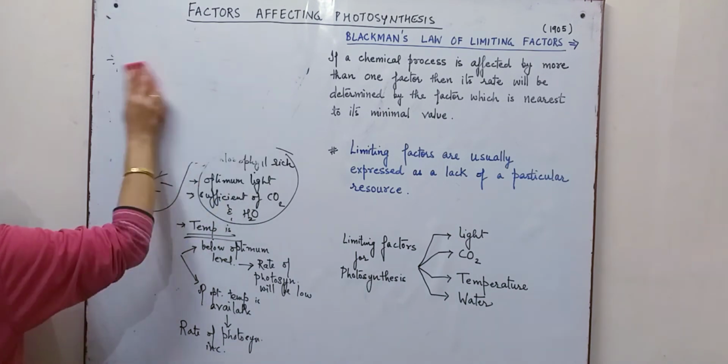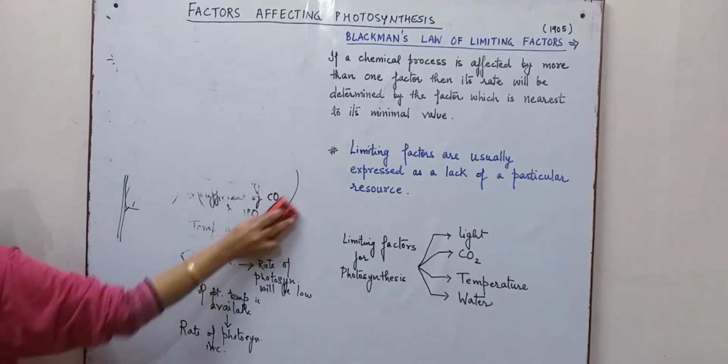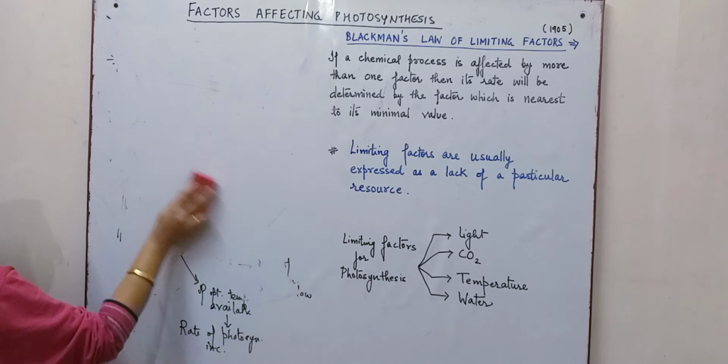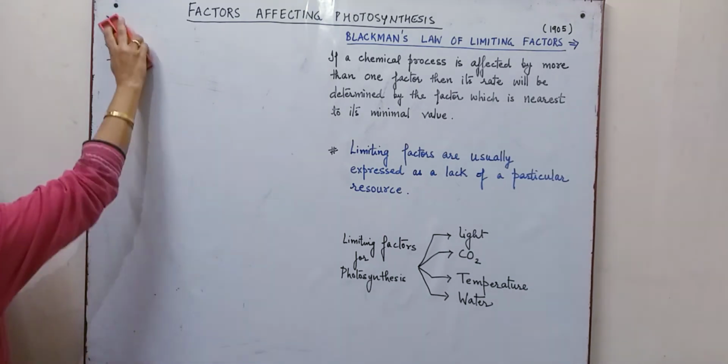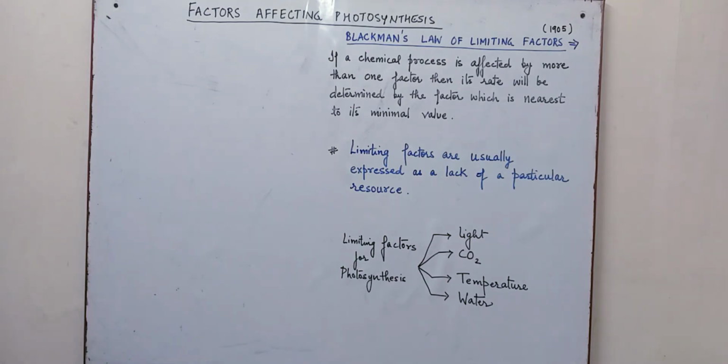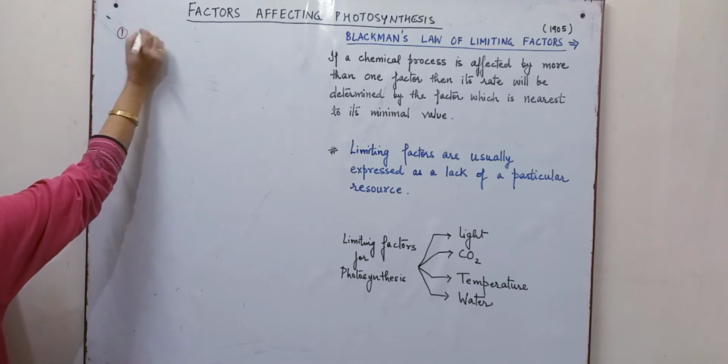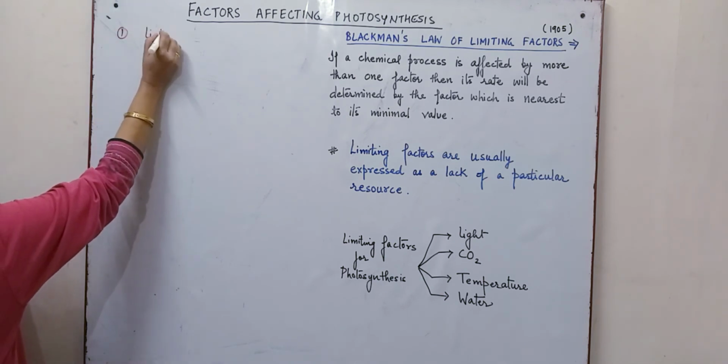Light is one of the important factors playing a role in photosynthesis. Apart from light, there are carbon dioxide, temperature and water. We'll study one by one how they affect photosynthesis. So first we are taking light.